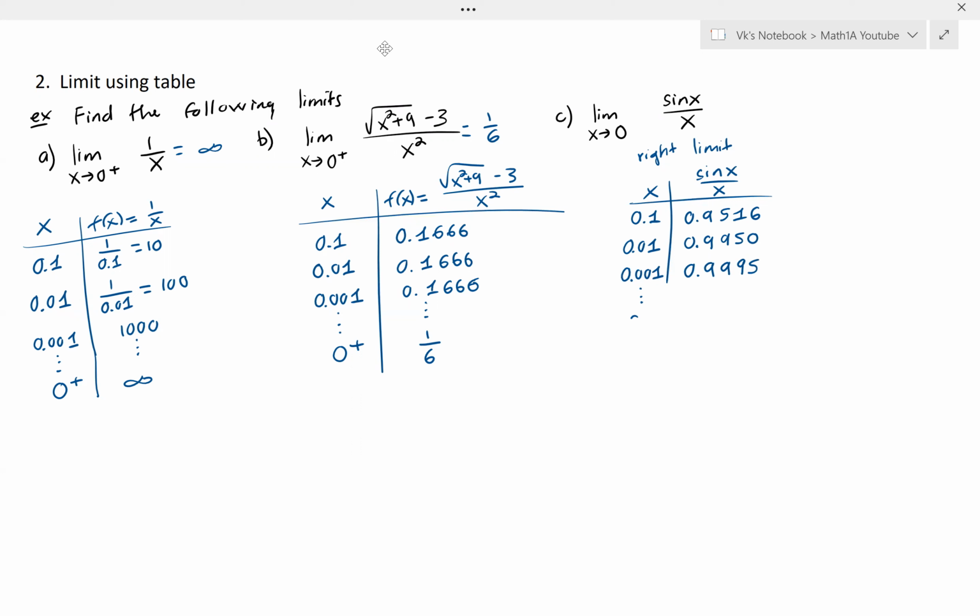So eventually, as we approach 0 on the right side, the limit is 1.